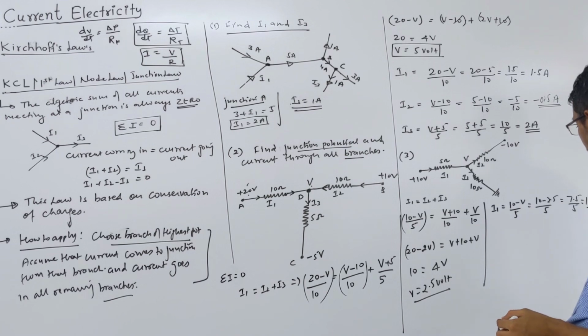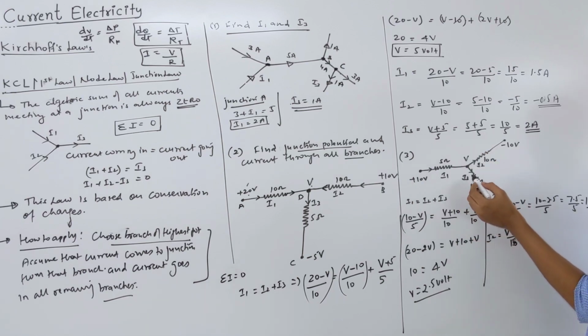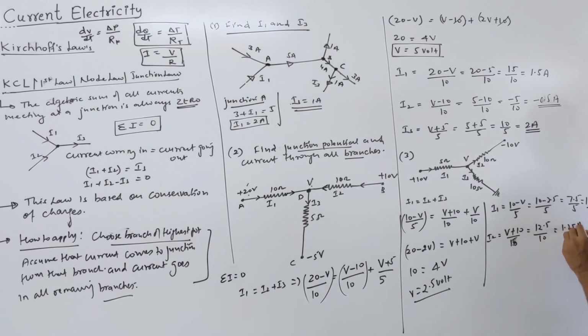Then look at current I2: it is (V plus 10) by 10. V is 2.5, so it becomes 12.5 by 10, meaning 1.25 ampere.